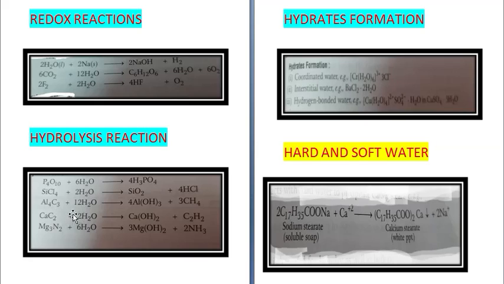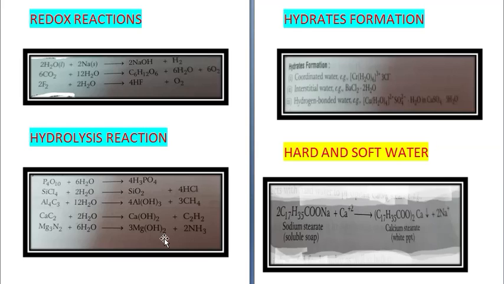Al4C3 plus 12H2O gives you 4Al(OH)3 plus 3CH4. CaC2 plus 2H2O gives you calcium hydroxide, Ca(OH)2 plus C2H2. Mg3N2 plus 6H2O gives you magnesium hydroxide, 3Mg(OH)2 plus 2NH3. So these are the hydrolysis reactions.